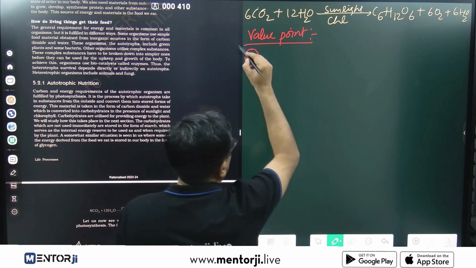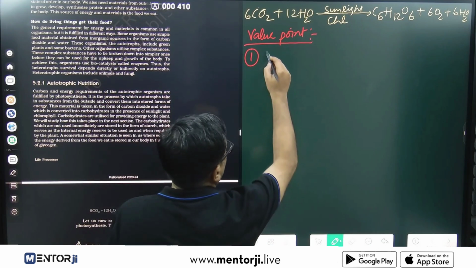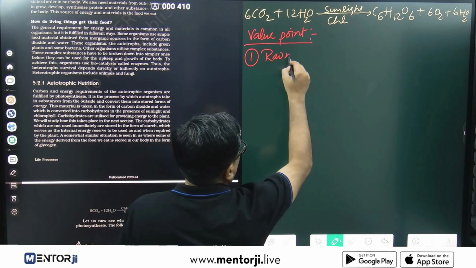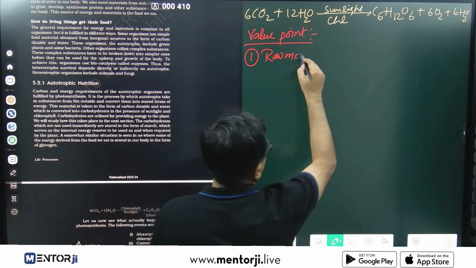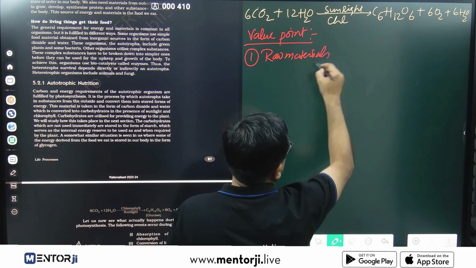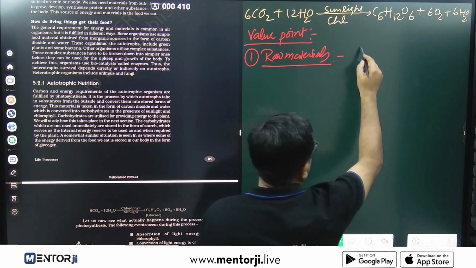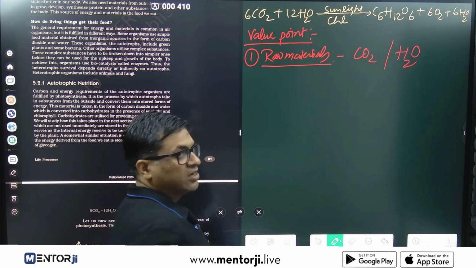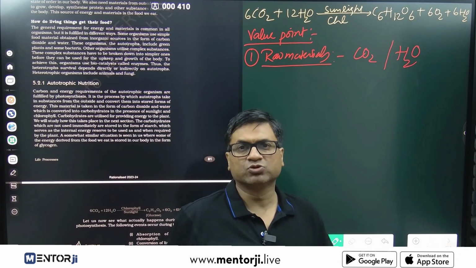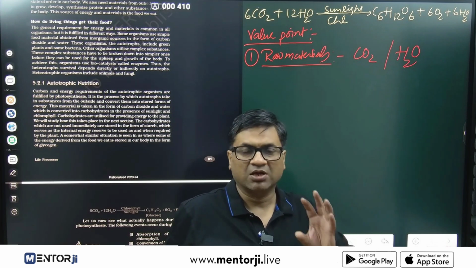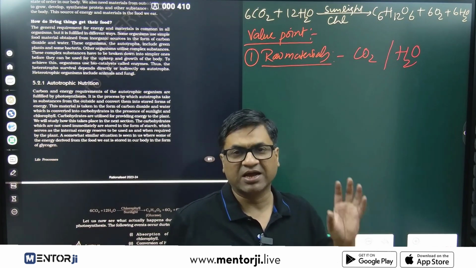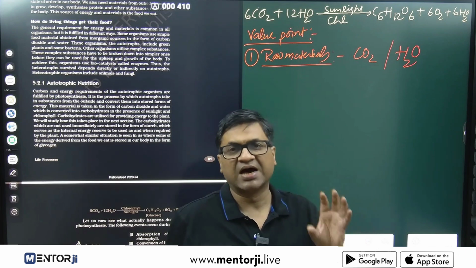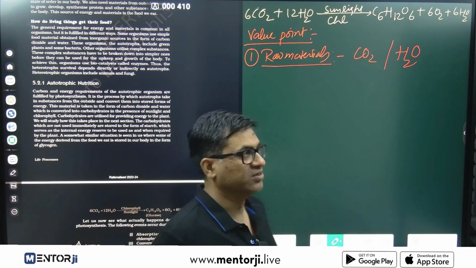First value point is raw material. So that's a very common question. What are the raw materials in this case? So raw materials are CO2 and water. In many books, raw materials are also given as a list and these are sunlight and chlorophyll, but these are not under the raw materials.